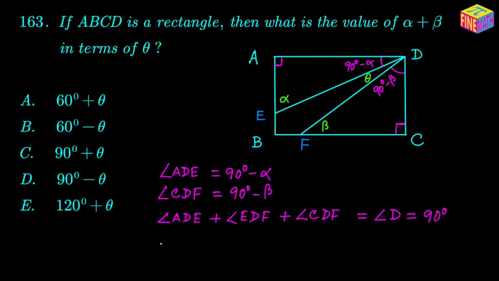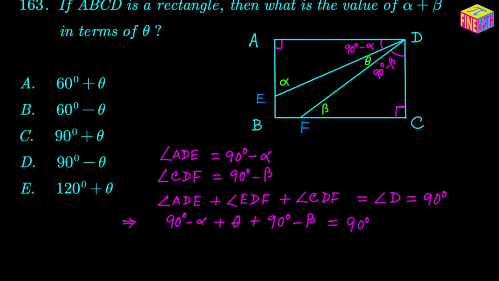Now let's substitute the values here. Angle ADE is 90 degrees minus alpha, plus angle EDF, which is theta, plus angle CDF, that is 90 degrees minus beta, and all of this is equal to 90 degrees.